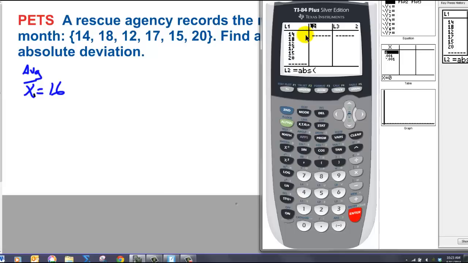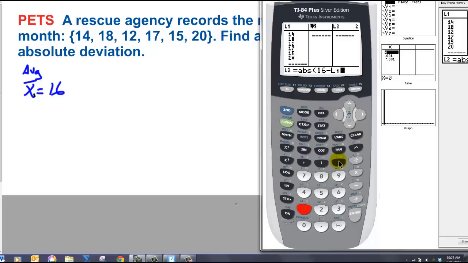Then from there, we're going to take this average. We have to actually type that in, so 16. And then we're going to take from that each number in this data set right here. So rather than type all those numbers over again, we're just going to say second, and then go down to 1, and you see above that there's L1.